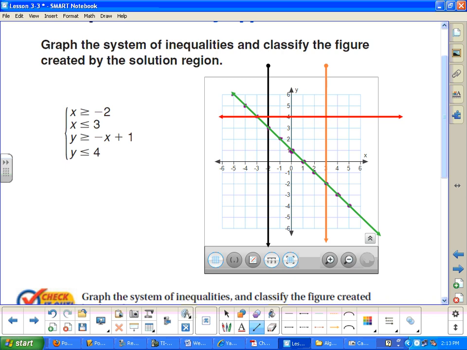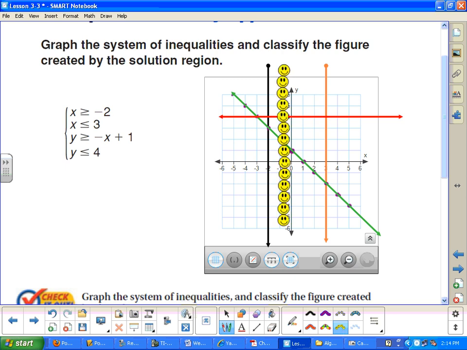So x is greater than or equal to -2. Let me get my smiley face out here. Okay. x is greater than or equal to -2. So that means we're talking about here, right? All right. Less than or equal to 3 means we're still talking about in here, doesn't it? Okay. Greater than or equal to -x plus 1, which means that's the green line, right?